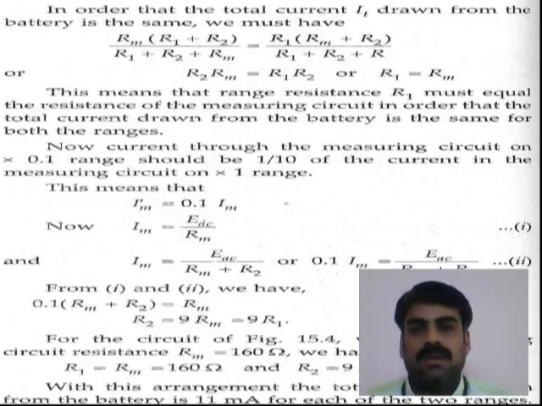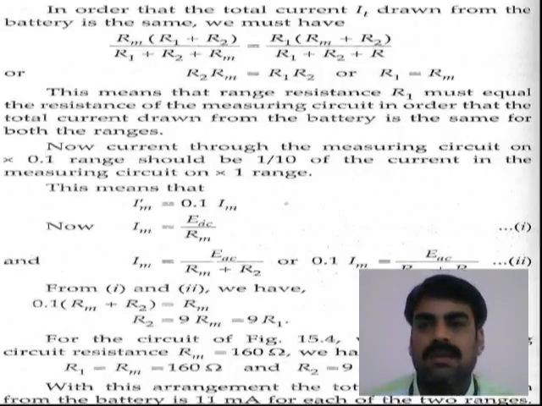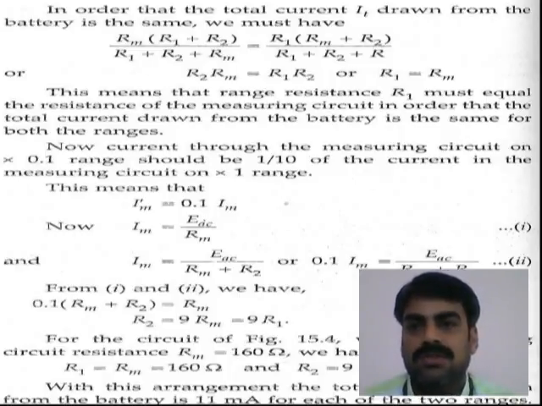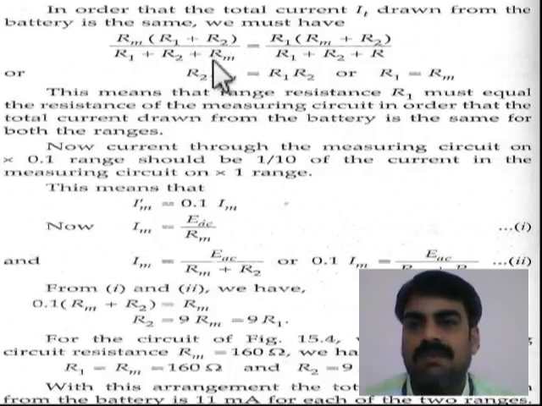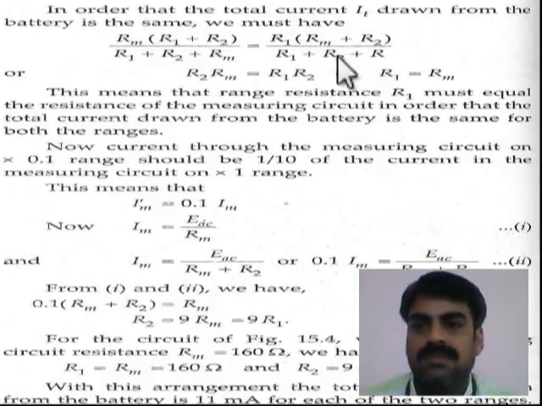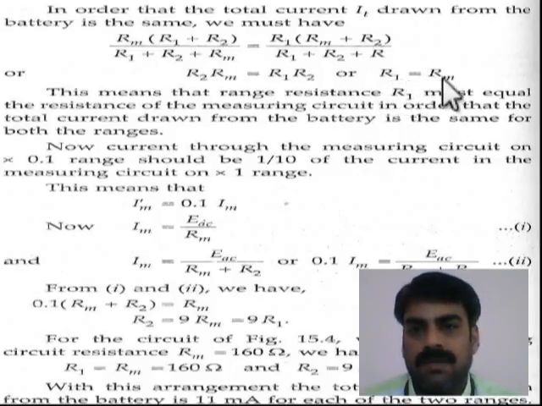Now let us have some detailed discussion on this equivalent circuit. Since our primary objective is to maintain the total current constant, we are using this equivalence. When we reduce the left hand side circuit and right hand side circuit by basic simplification, and cancel out the common terms, we finally get the resistor R1 equal to Rm.